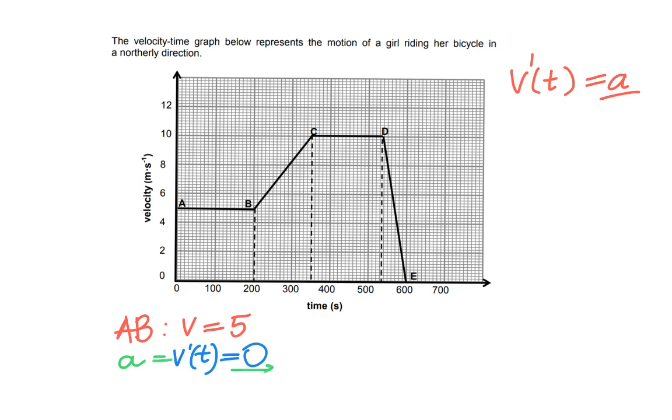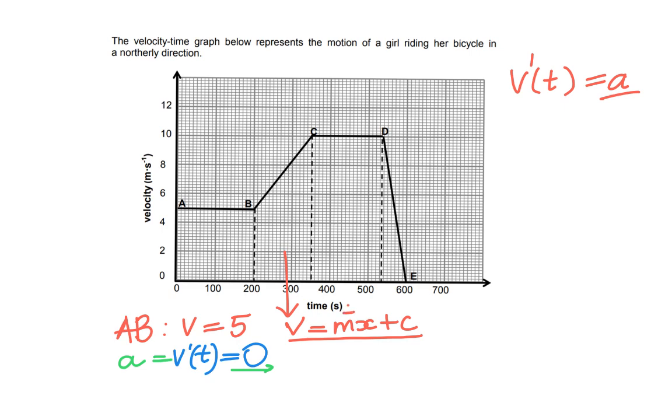In section BC, my second section, I have a positive gradient. So my velocity graph will be a positive mx plus c. Boys, you obviously can find this equation, but you're not going to be looking for the equation in the exam.